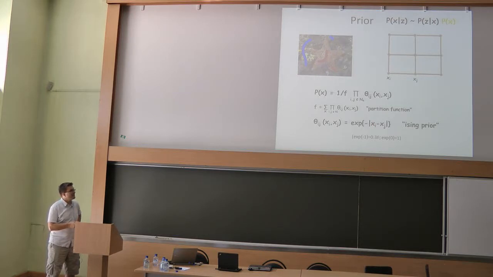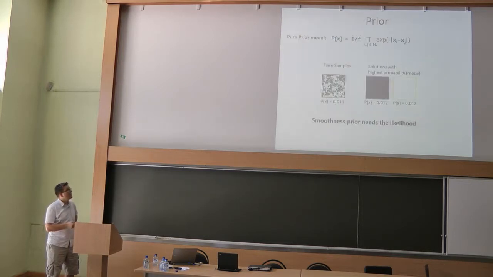That means that the probability of having the same label is higher than having a different label. Okay? You will see in a second why we have done this slightly weird thing with the exponential, but the bottom line is simply you have two labels here, two labels here. You can have all these 4 combinations. There are only 2 possible outcomes, and one is more likely than the other one.